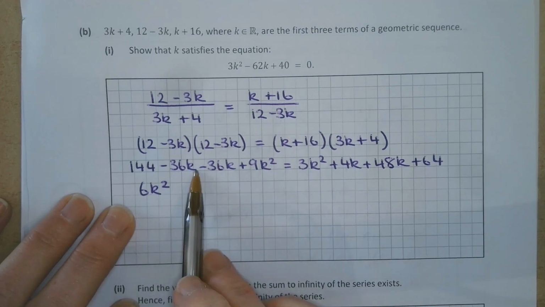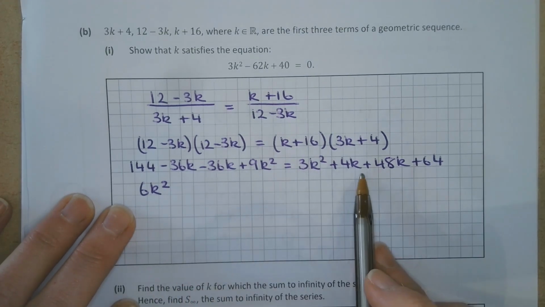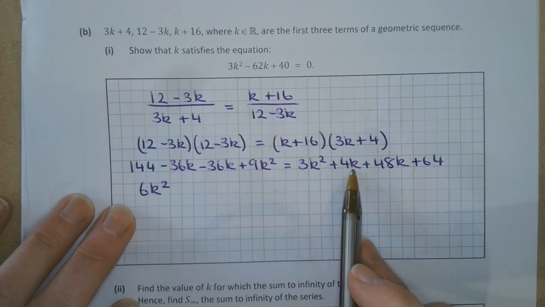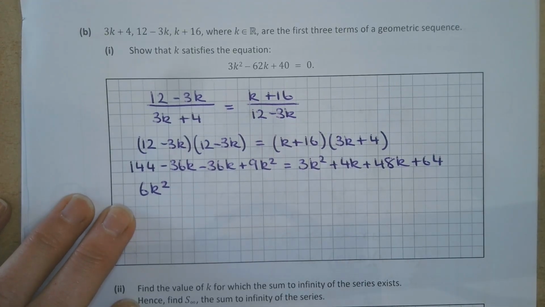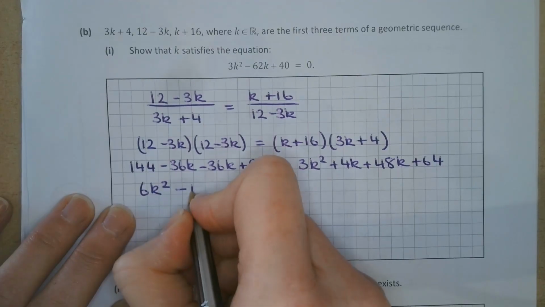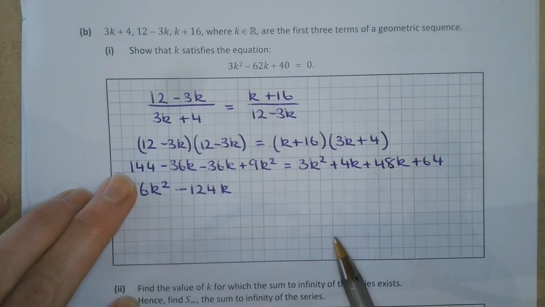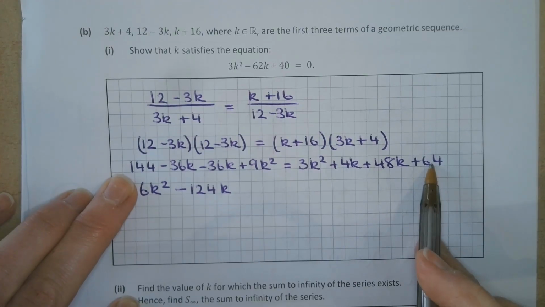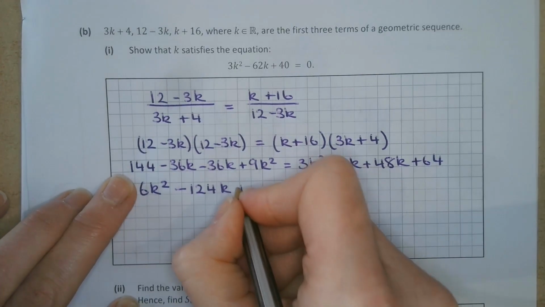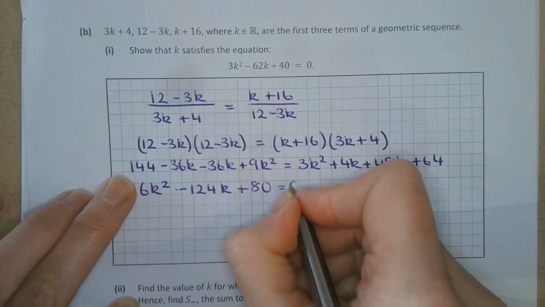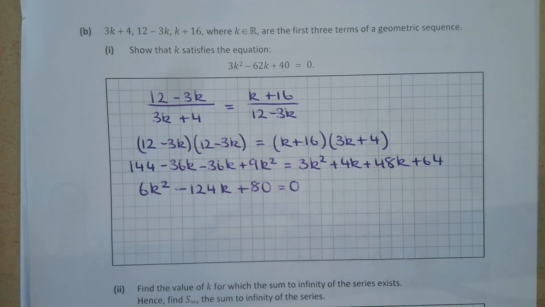Here we have a minus 36k, and here we're going to bring that over. It's going to be minus 4k and a minus 48k, which is going to leave me with minus 124k. And we have 144, take away the 64, is going to leave me with a plus 80 equals to 0. You can take your time a little bit more with that if you want.